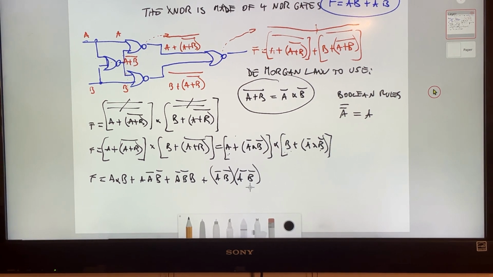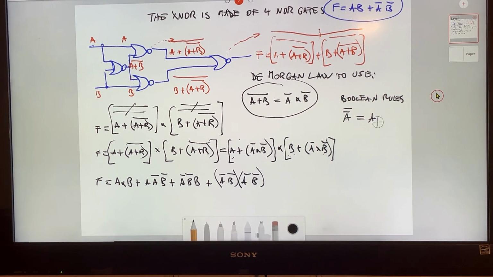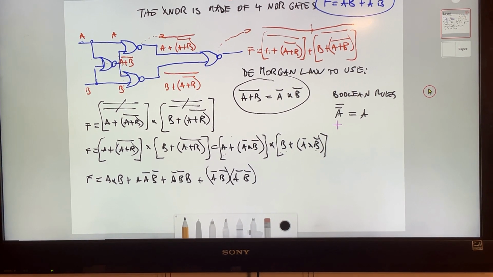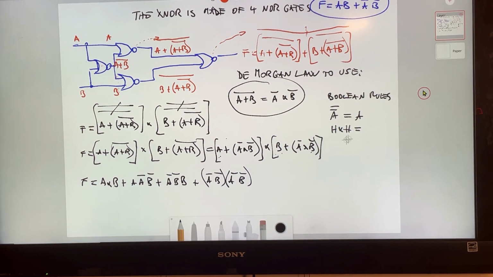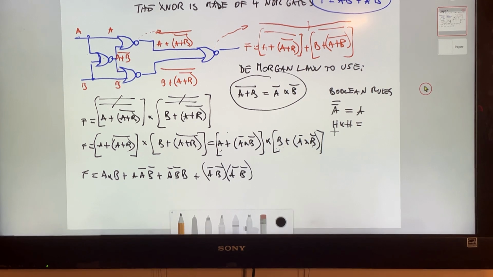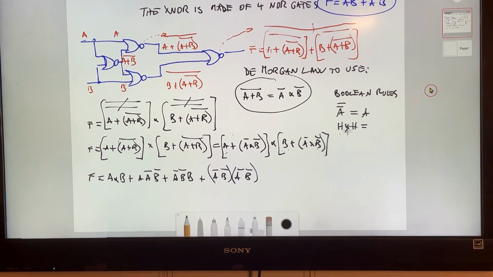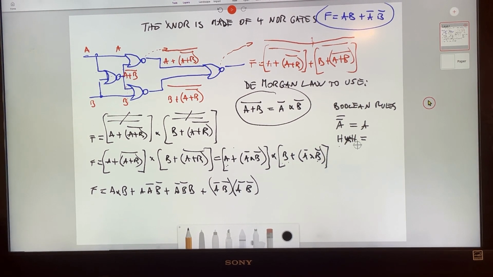And here is another Boolean rule you didn't know before: if you take any letter, any expression like H times H, what does it do? If H takes the value 0, then H times H is a 0.